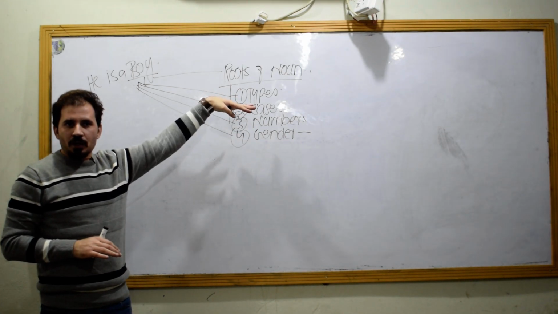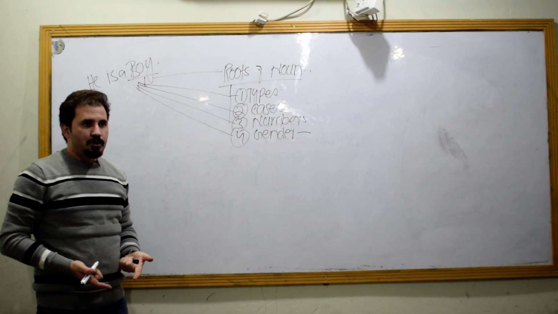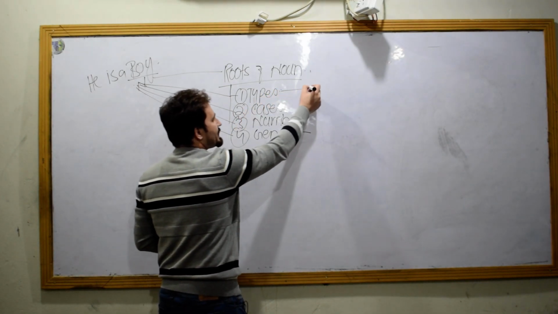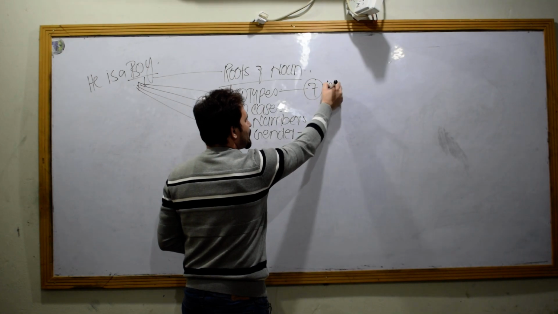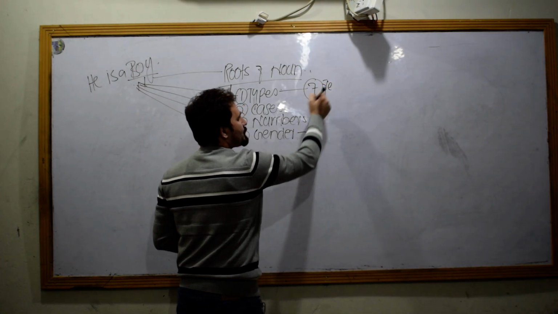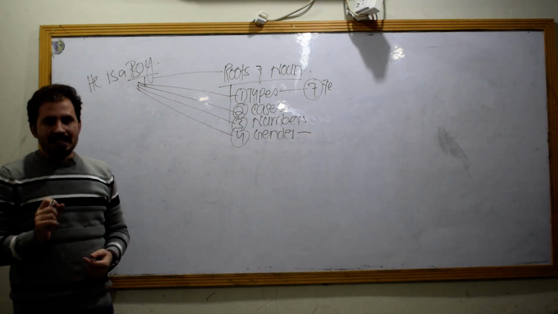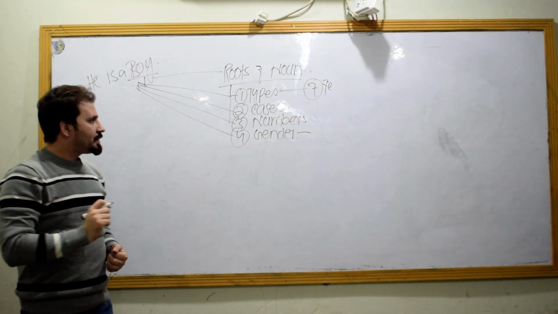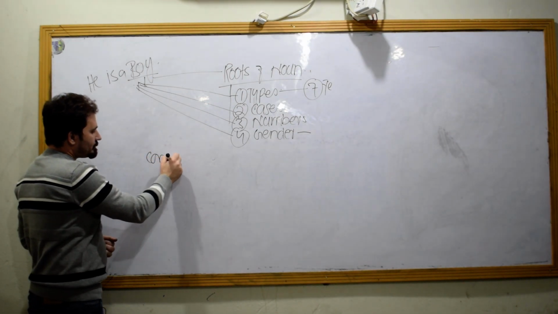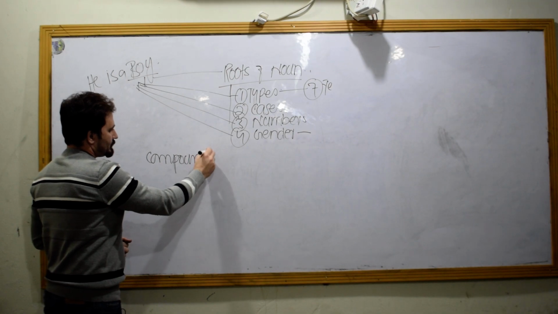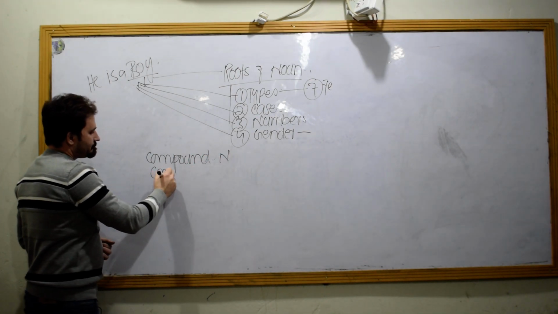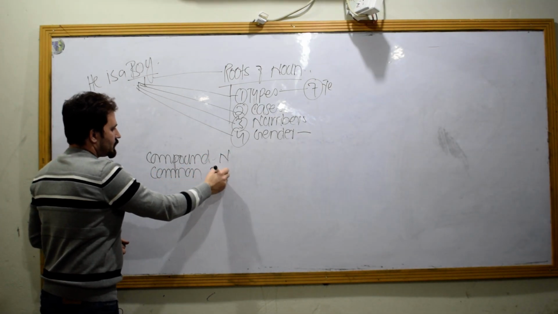Types of nouns, what type of noun it is. We'll be covering in the class 7 different types of nouns. So the first type of noun we will be covering is called what? Compound noun. Common noun. Very good.